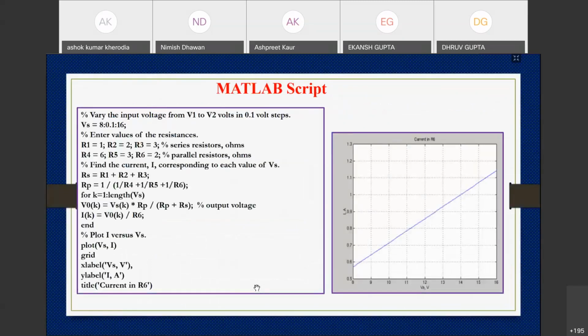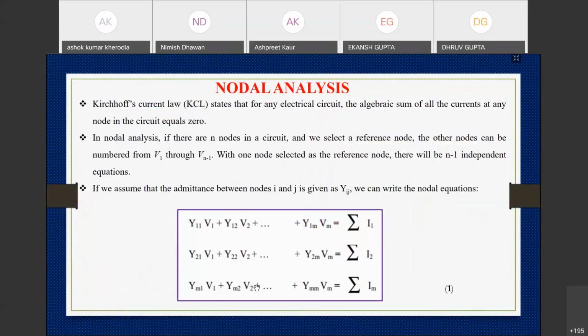Second example, I will talk about the nodal analysis. What are we doing in nodal analysis? Can anyone suggest? What are we doing actually? Yeah, speak out.